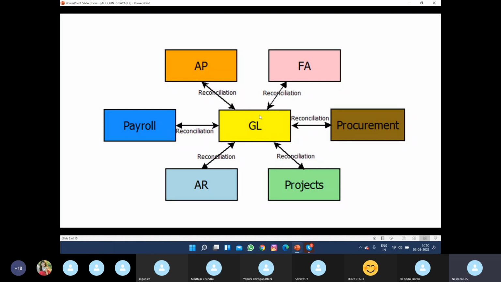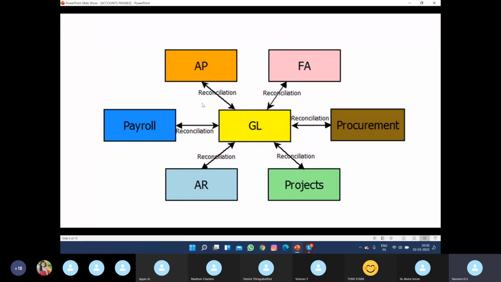So the GL plays the important role. Thus, the GL is considered the main ledger, and all the other ledgers, such as accounts payable and accounts receivable, are considered subsidiary ledgers, which help the GL to maintain the information.